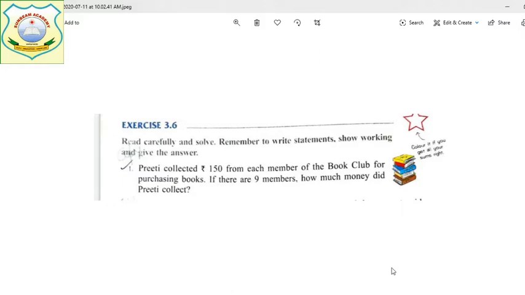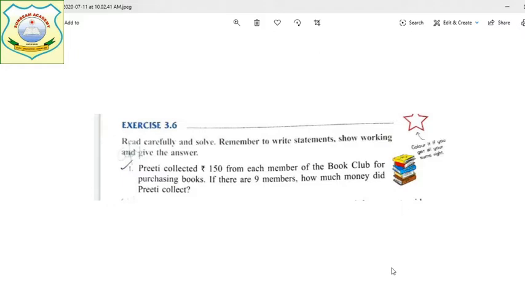Question is, Preeti collected rupees 150 from each member of the book club for purchasing books. If there are 9 members, how much money did Preeti collect? Note down the question children. 1 more minute I am giving you.